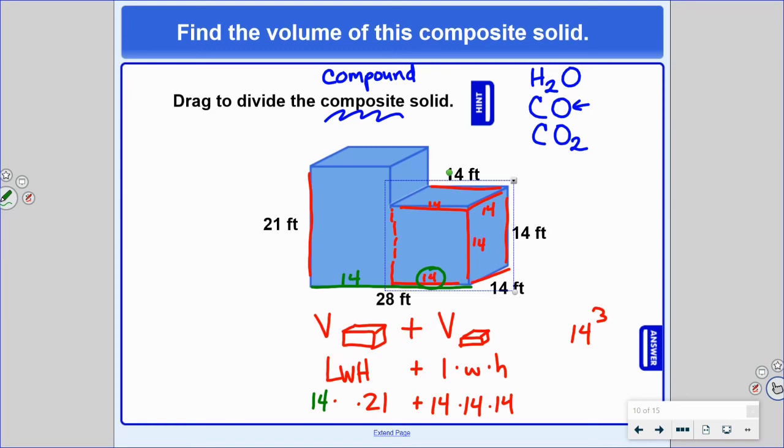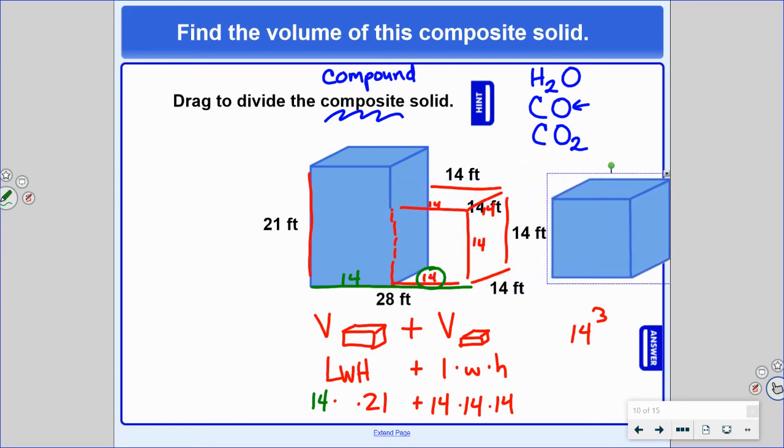If I could pull that guy off to the side, we could see more clearly that if this width is 14, this width is 14. So now what we have is two different volumes, 14 by 14 by 21, and 14 by 14 by 14.